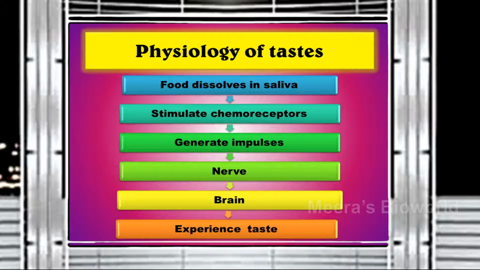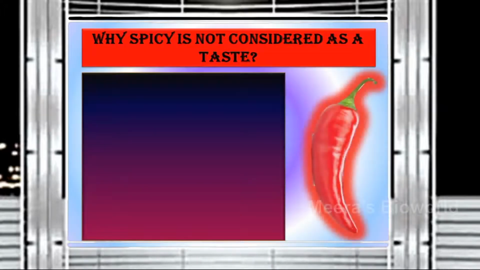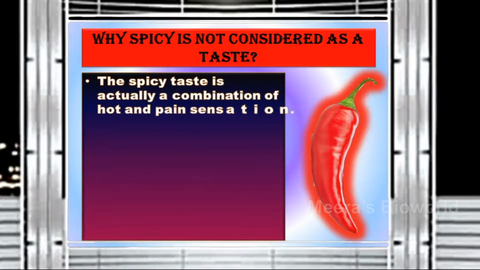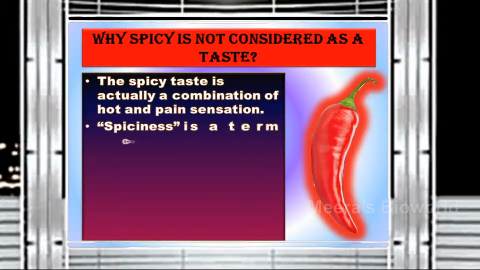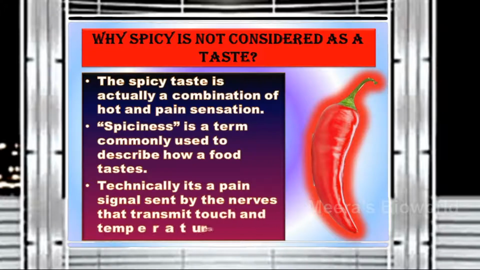These impulses reach the brain through the respective nerves and we experience taste. Why is spicy not considered a taste? The spicy taste is actually a combination of hot and pain sensation. Spiciness is a term commonly used to describe how a food tastes. Technically, it is the pain signal sent by the nerves that transmit touch and temperature sensation.